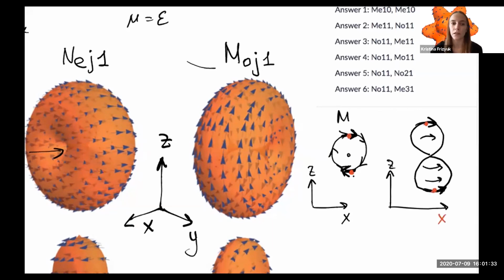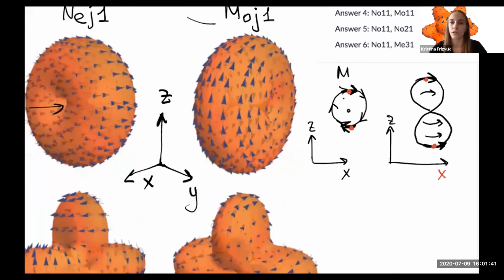What happens if we just add this to this? Because they are vector fields, we should always sum all these arrows as vectors. So in the upper point, we see that they look in one direction, and we will get a longer arrow, so the electric field in the upper point will be bigger.